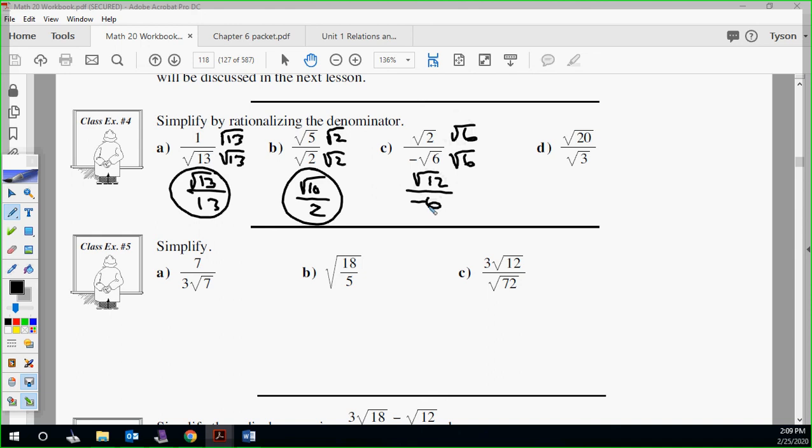Root 12 breaks down to 4 times 3, which gives me 2 root 3 over negative 6. 2 over negative 6 reduces to negative 1/3. And so you could write it like that in simplest form. You don't have to have the 1 there. I just wrote it there so you can see the negative 1/3. I reduced 2 over 6 to 1/3 if I lost you.